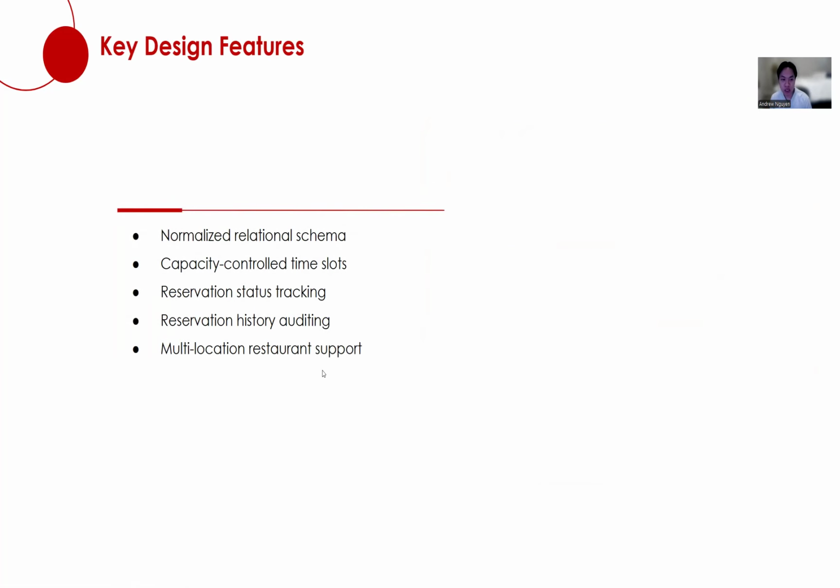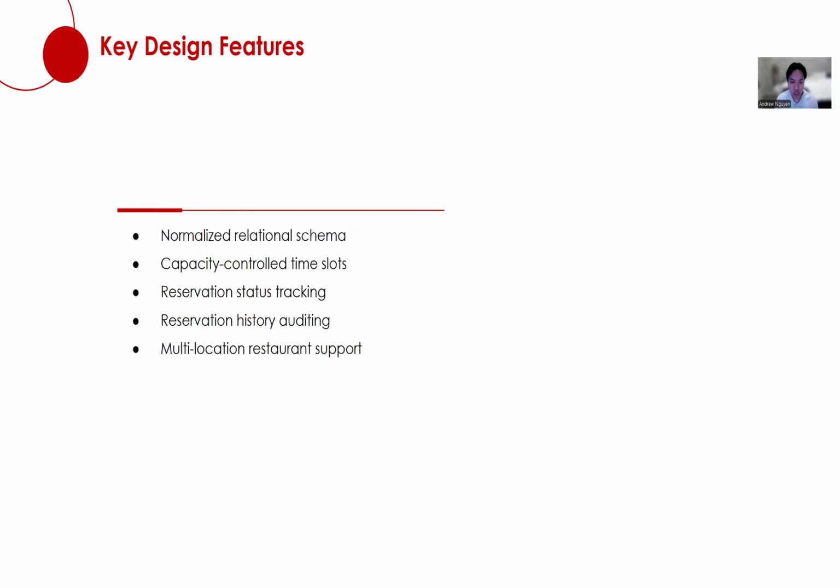Some key features: we tried our best to create a normalized relational schema to avoid any redundant data, to eliminate any sort of anomalies that we expect to find, and to make sure that our data is consistent. Then we have capacity control time slots. Like I talked about before, the restaurant is able to set the party size limit.